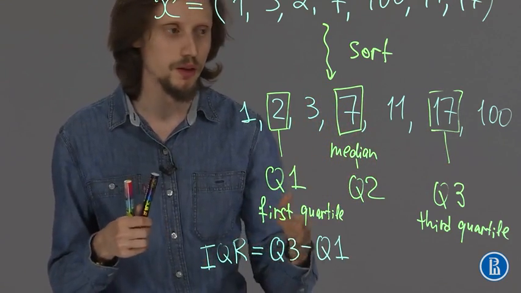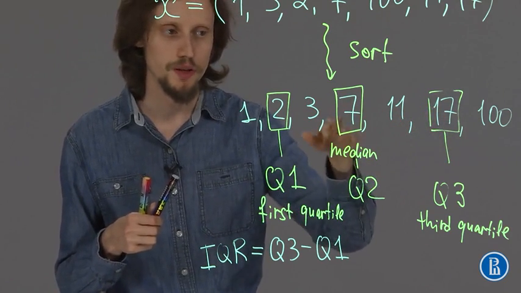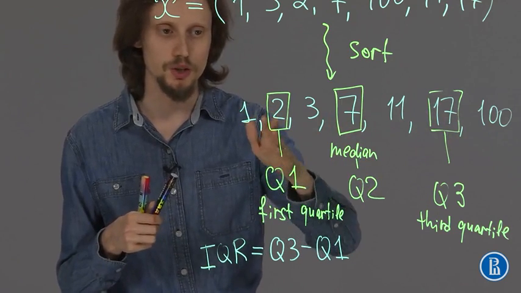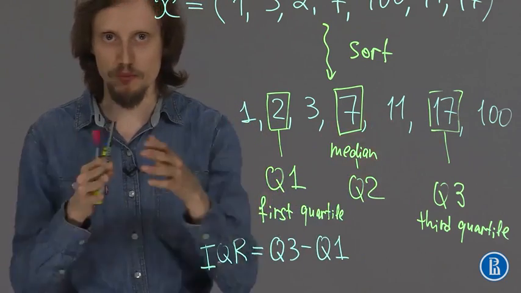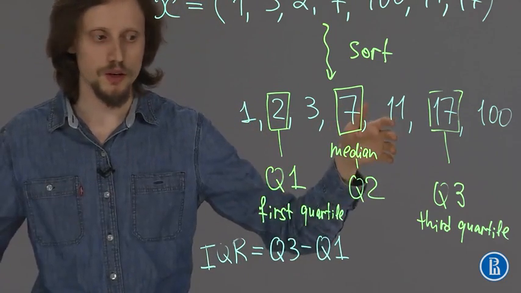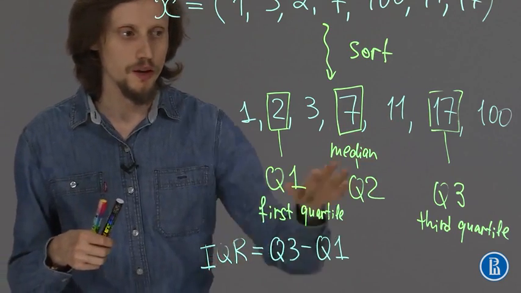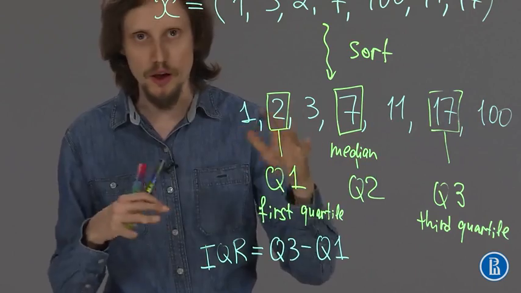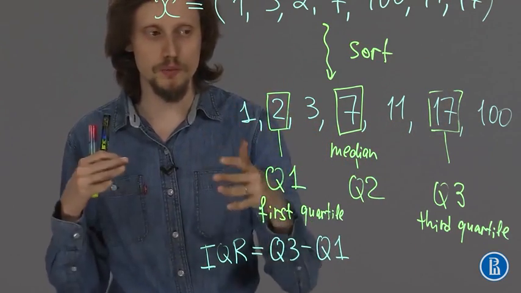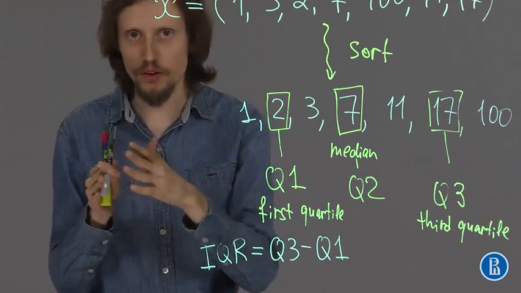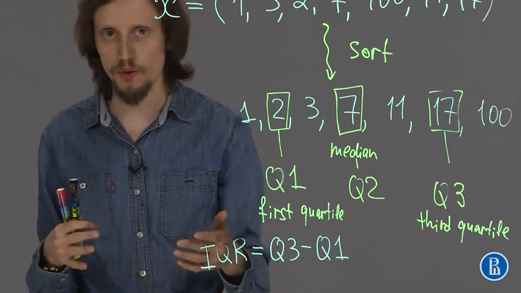You see that if this value is much larger than the median, and this value is much lower than the median, then it means that the deviation is large, and interquartile range will be large. But if all values here are almost equal to the median, here a little bit larger and here a little bit smaller, then our deviation will be small, and interquartile range will be small.